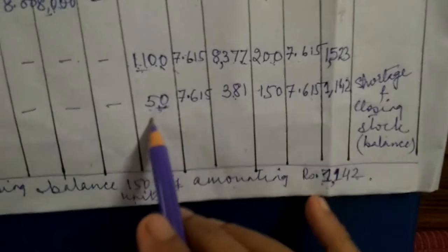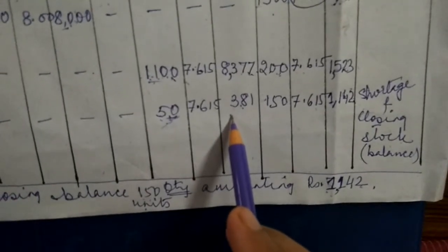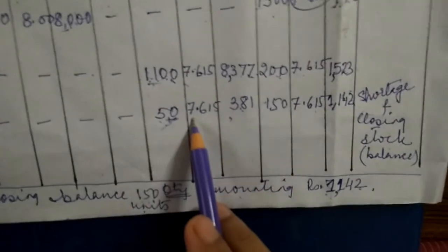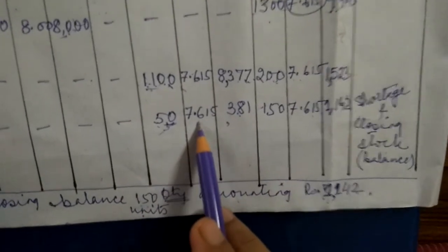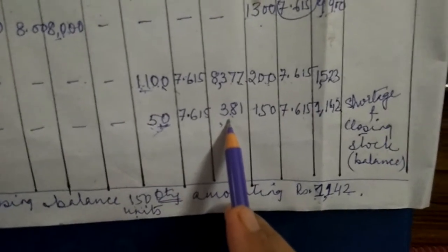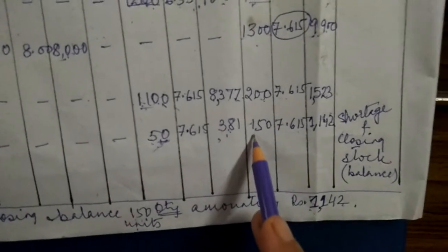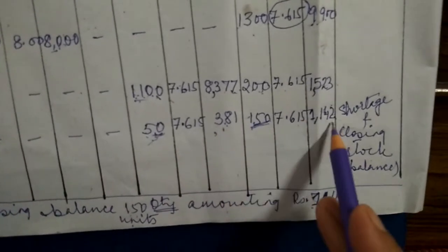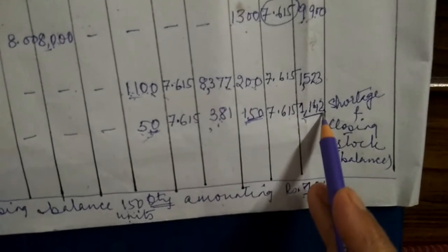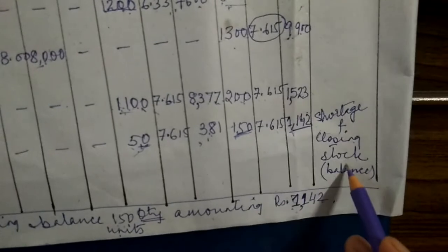Okay, so clear, this is our shortage, 50 units at the rate of 7 rupees 615 paisa amounting rupees 381. This is our shortage, but closing stock is 150 units, amounting 1142. Okay, this will be our closing balance.